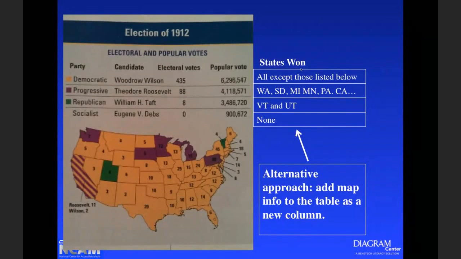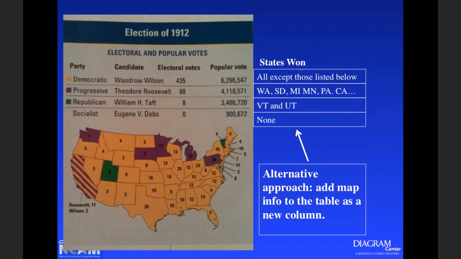You could, rather than doing it that way, also provide it as an additional column on the table. So as you convert the table that's at the top of the graphic here, party, candidate, electoral votes, popular votes, you could add another column and just say the information from the map is provided in the states won. Now, if you needed to know the actual state-by-state breakdown, for example, Texas has 20 electoral votes, then you're talking about a much larger description.